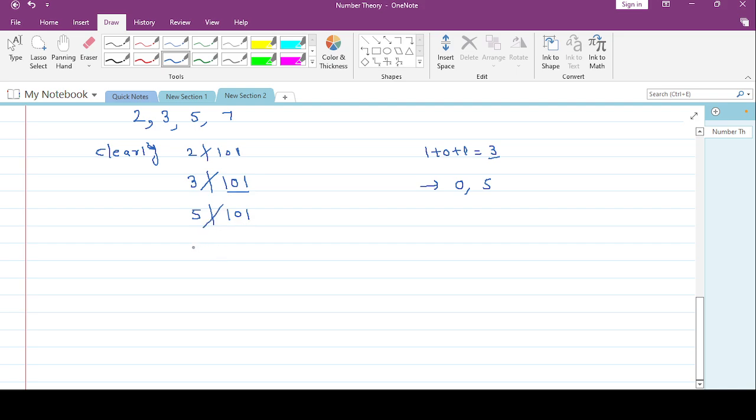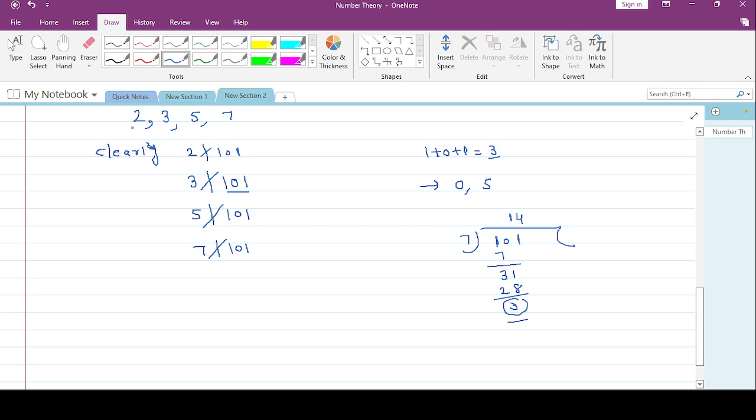Then check whether 7 divides 101 or not. Here we divide 101 by 7. 7 ones are 7. Now 10 minus 7 is 3, so we get 31. Now 7 fours are 28. You see that the remainder is not equal to 0, so we can say that 7 does not divide 101.